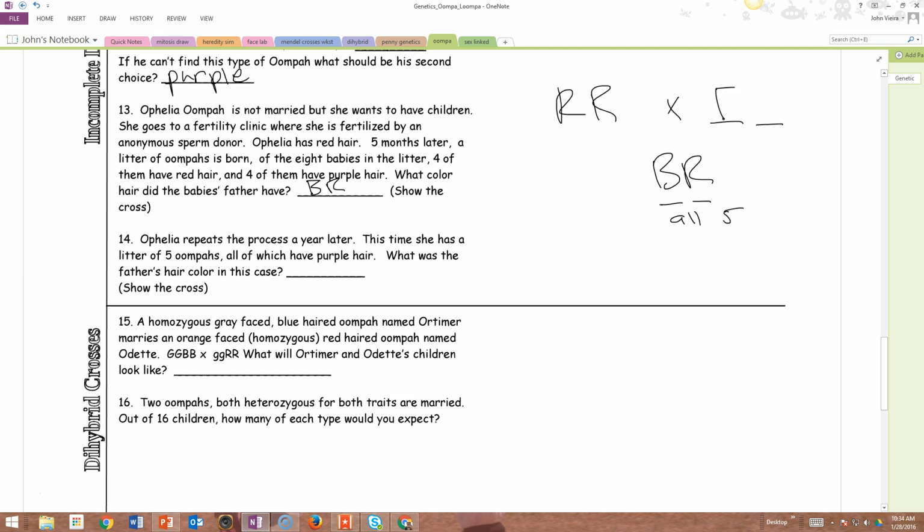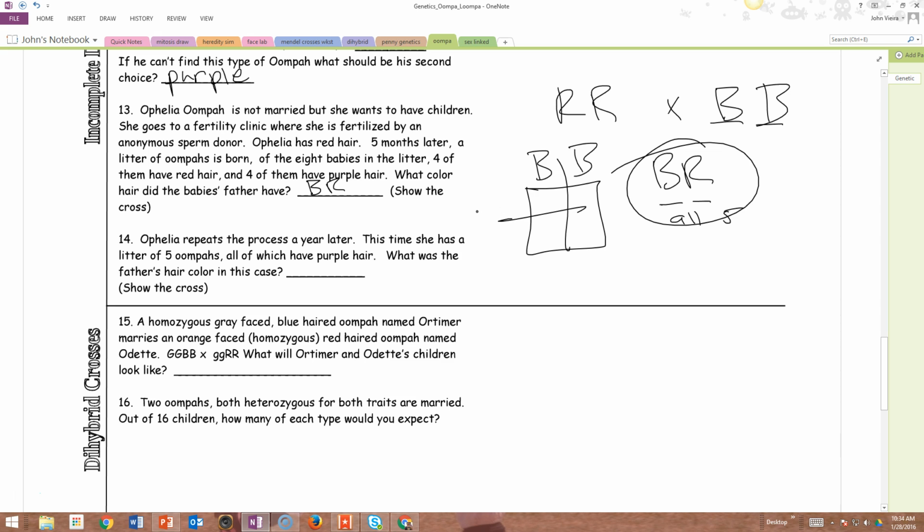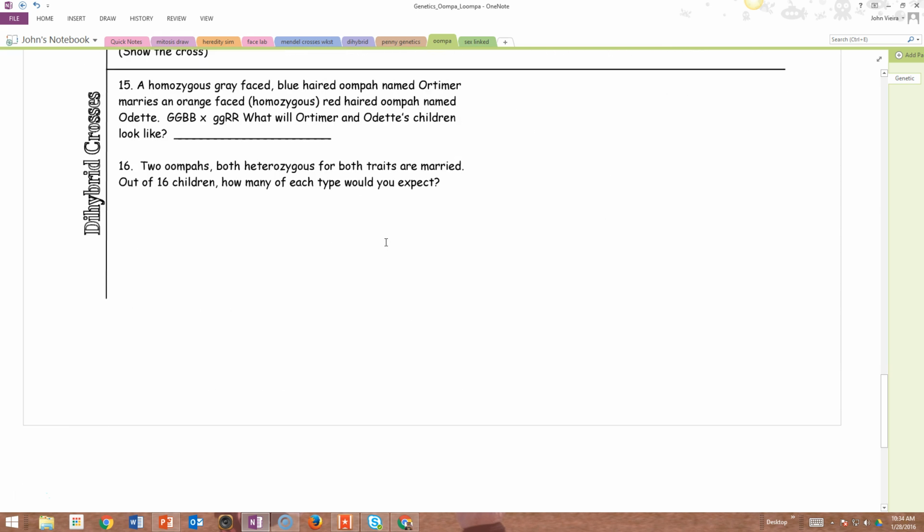The only way to have all purple is to have the father be blue-haired. If you do the Punnett square, they're all going to be purple. If you're not sure, do a bunch of practice Punnett squares and see which would work.